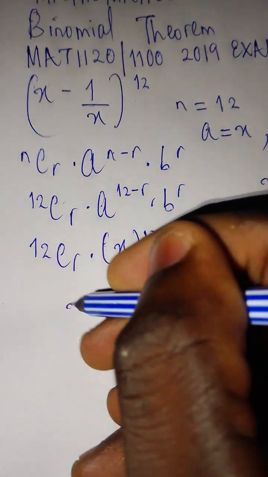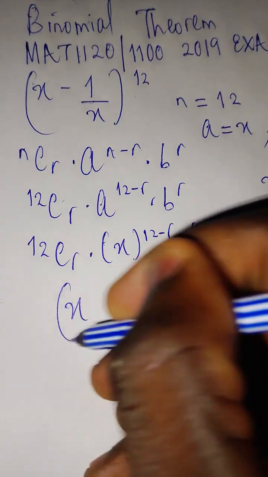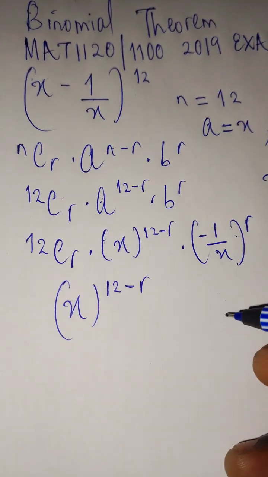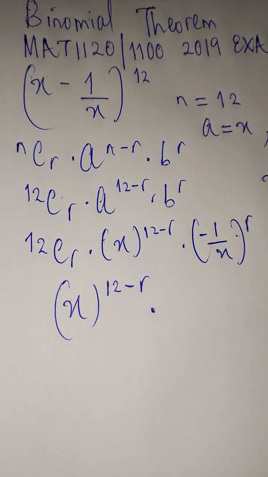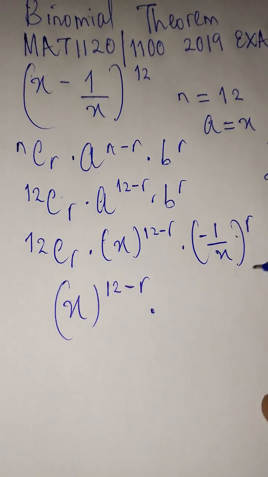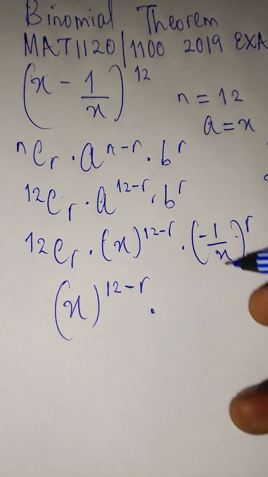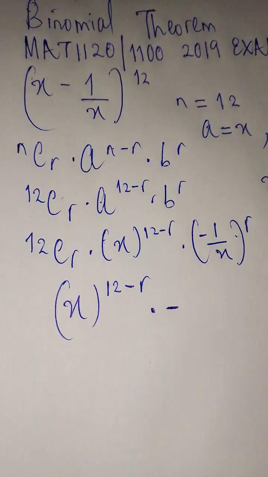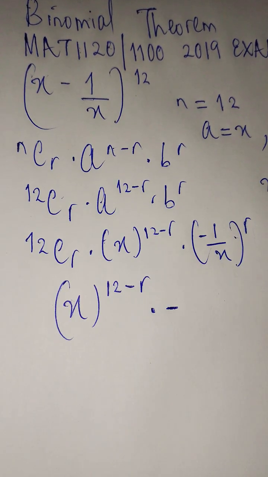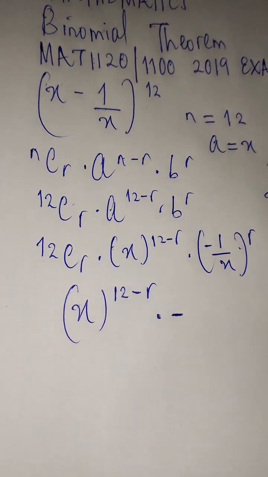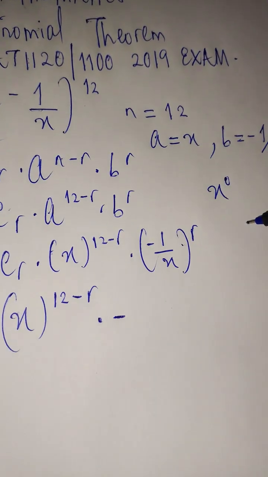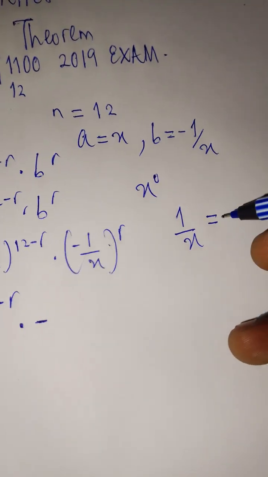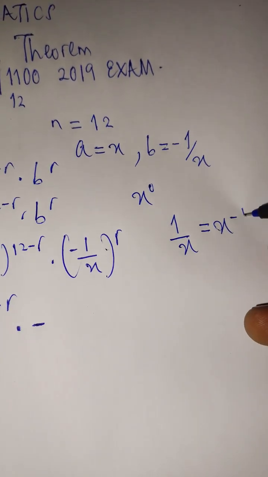So we're going to say x raised to the power 12 minus r, then multiplied by, we're going to convert this expression. We're going to split it using the rules of indices, which says 1 over x is the same as saying x to the power negative 1.